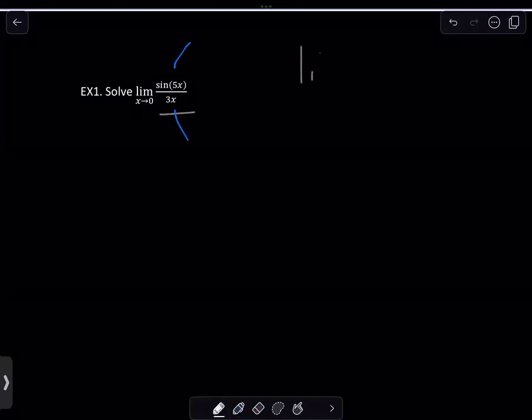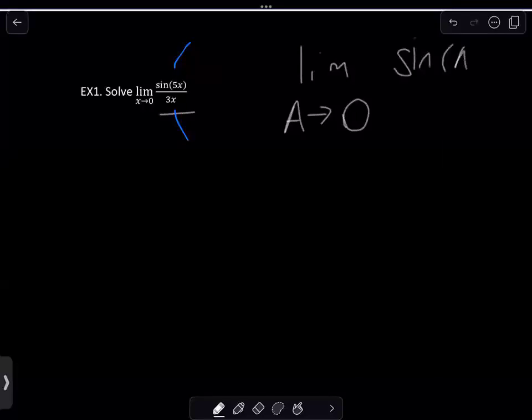So what I'm thinking of is the limit as a approaches 0 of sine a over a, that is going to be equal to 1. I'm just using a here instead of x, so you don't get confused about the x's in the question.